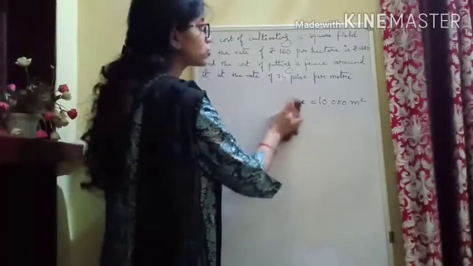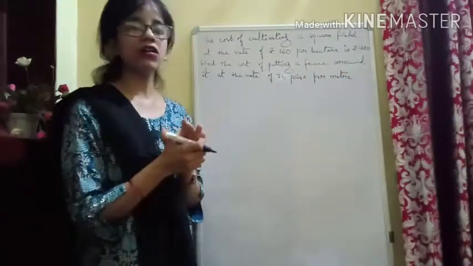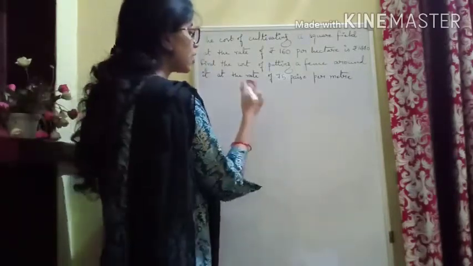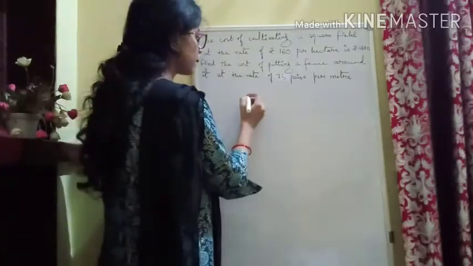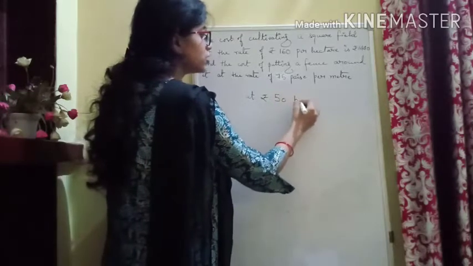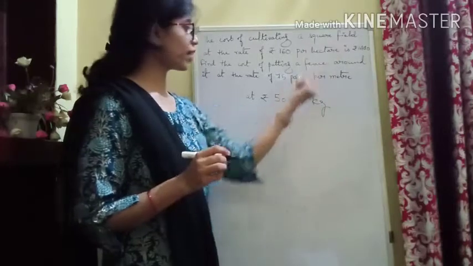And the total cost is 1440. Here, first thing, how will we understand? If I tell you that we are buying some stuff, like apples, at rupees 50 per kg. Here instead of per hectare or per meter square I have taken per kg.